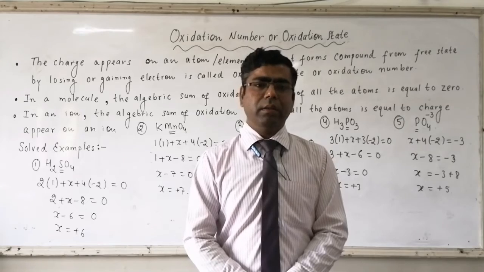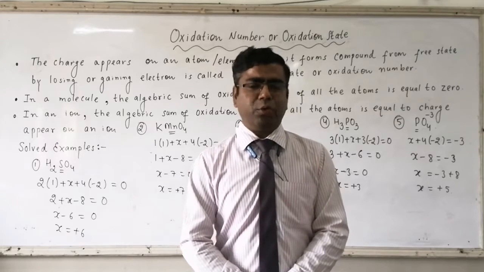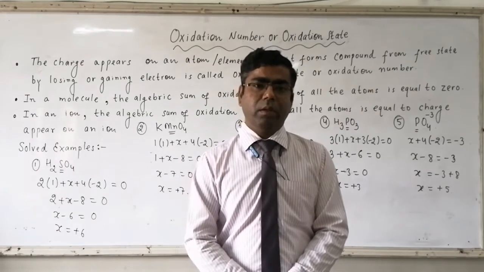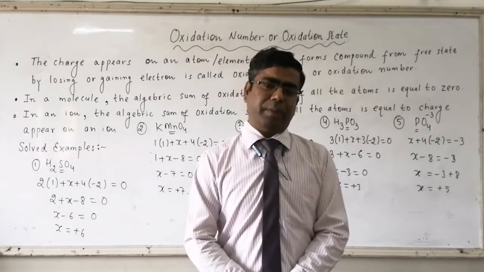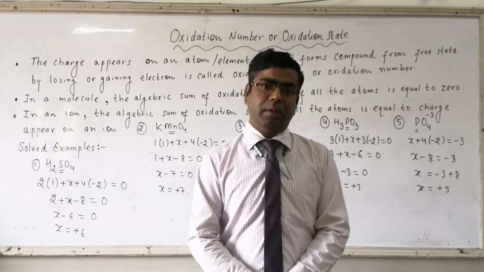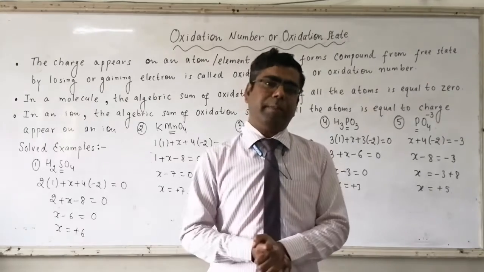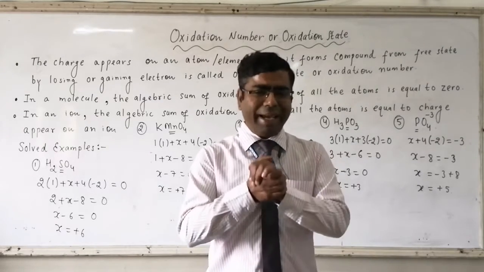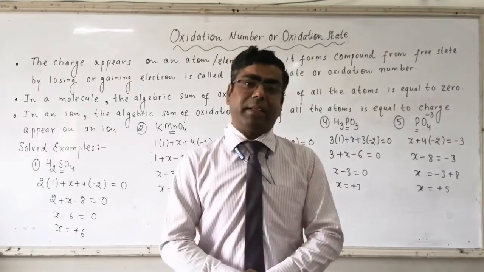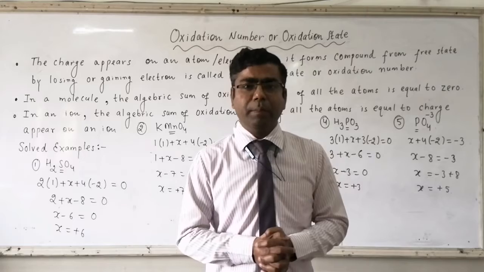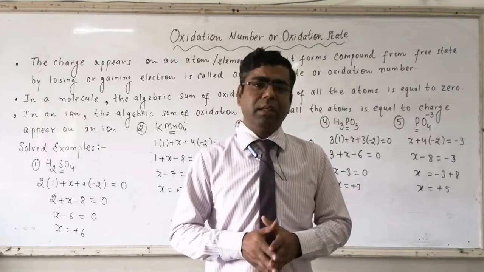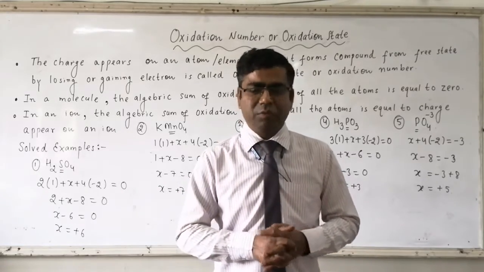Chlorine, being a more electronegative atom, will attract the shared pair of electrons towards itself. So the electron of hydrogen is slightly displaced towards the chlorine atom, as a result of which hydrogen will develop +1 charge and Cl will develop -1 charge.